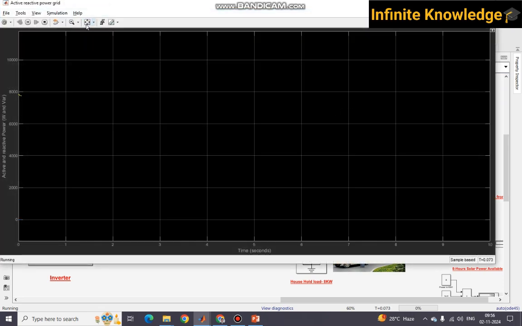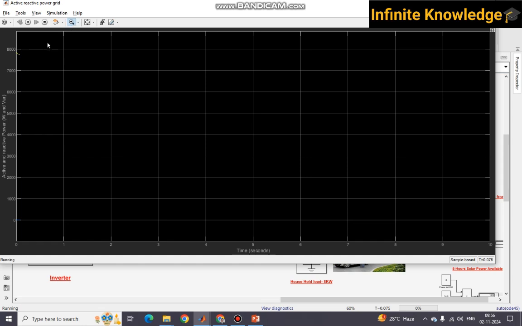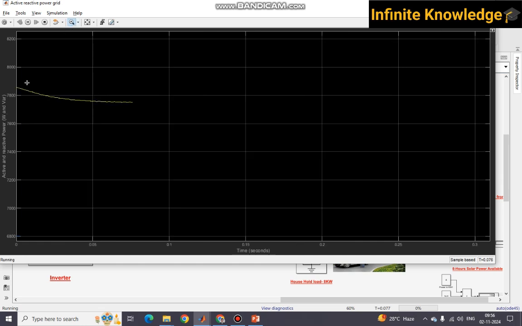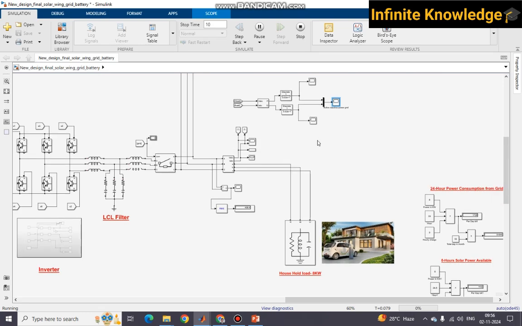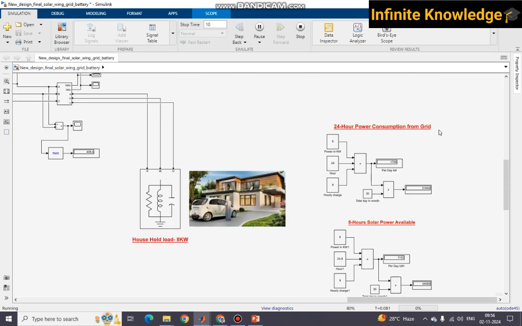So you can see here it's nearly 8 kilowatt load. So if for 24 hours you are taking power from the grid for an 8 kilowatt load, your power consumption would be 51,840. So this is your monthly electricity bill. If you consider it on a monthly basis, then your monthly electricity bill is 51,840.